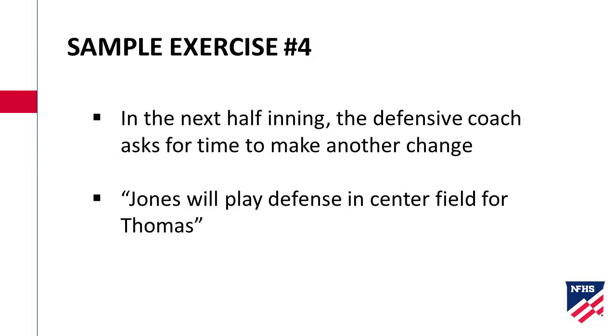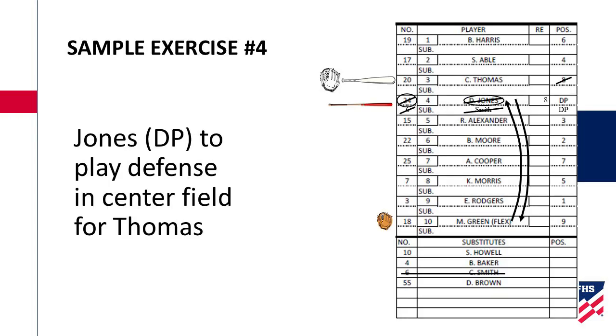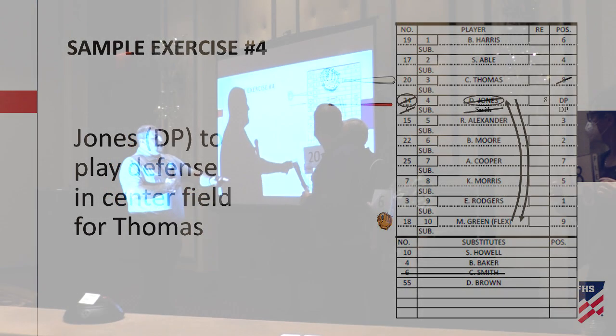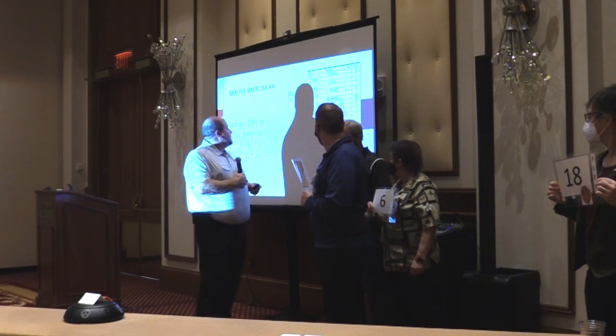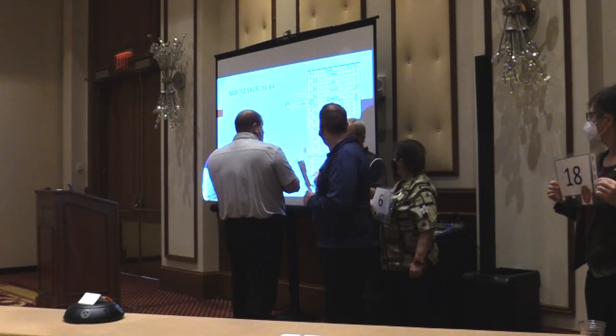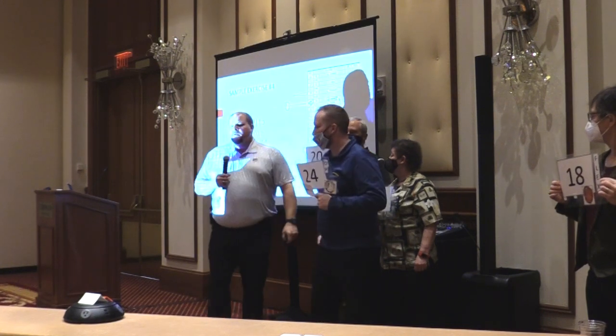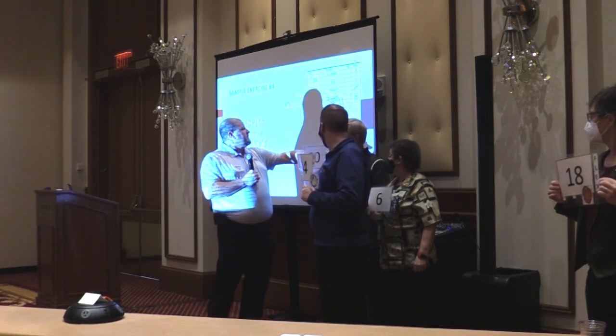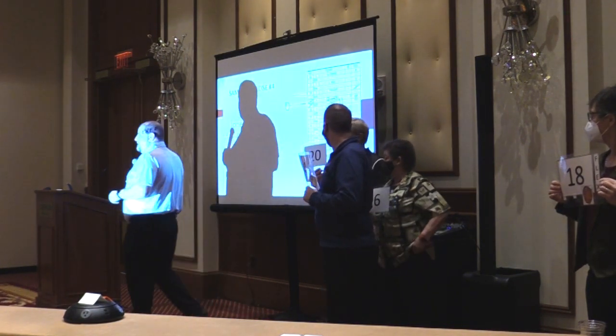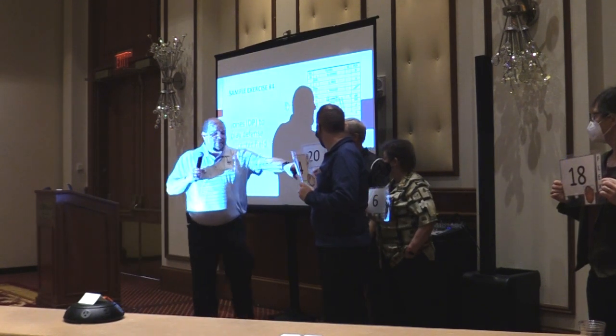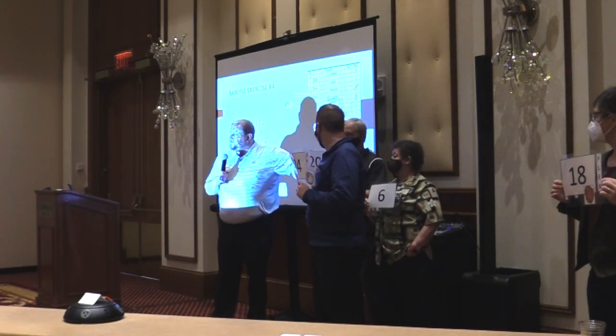So the next half inning, now the defensive coach asks for time to make a change because Jones will play defense in center field for Thomas. So my Thomas here, number 20, is now not going to play defense. So at this point, he gives up his mitt, gives it to the DP. So has Thomas left the game? No. No, because they still have their bat, right? They're still going to play offense.